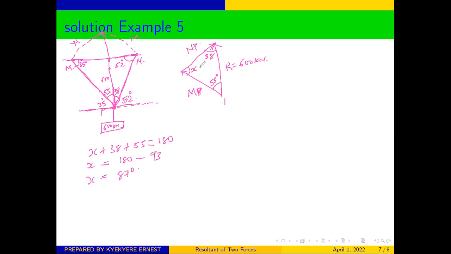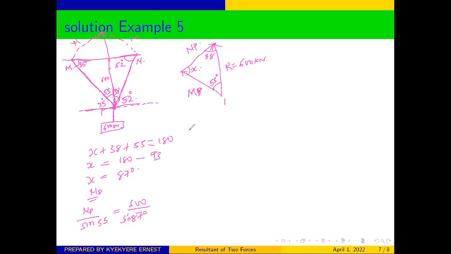So having been able to determine X, now we can use our sine rule. From our sine rule, this side over this angle will be equal to this side over that angle, and the same for the NP. So first of all, let's determine the NP. NP over the sine of the opposite angle, which is 55, will be equal to our 600 kilonewtons over the angle X, which is 87, so sine 87.